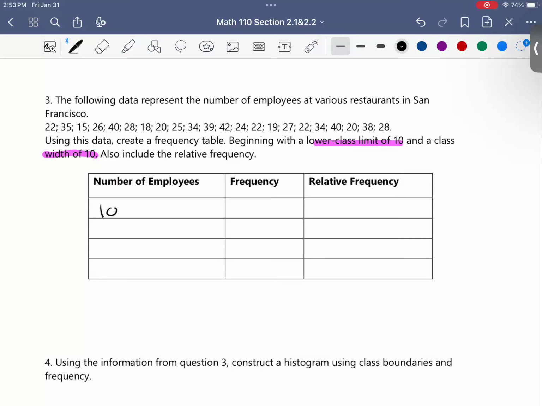Since we have a class width of 10, my next class, right below it, is 10 plus 10, which is 20. It's still a class width of 10, so I jump another 10, which is 30, and then another 10 is going to be 40.